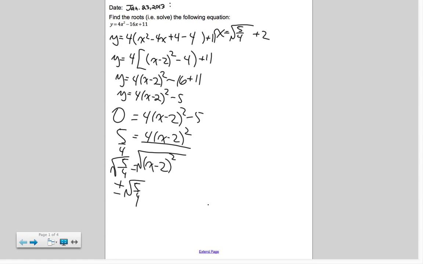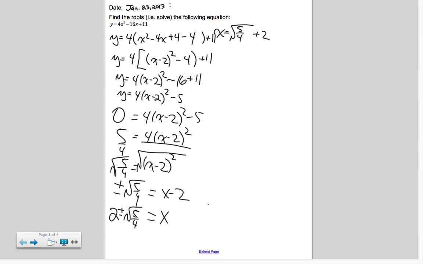Katie, that's one thing you forgot: the plus and minus. So x minus 2 equals that, so really x is equal to 2 plus or minus the square root of 5/4. You can put the 2 in front or back. So Katie was right, she just forgot to put the plus and minus. Good job.